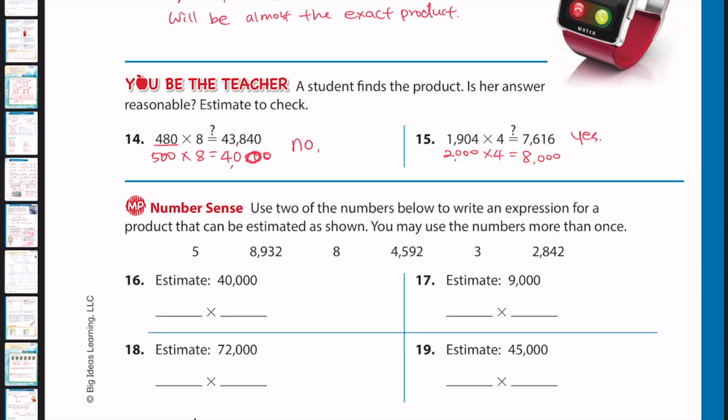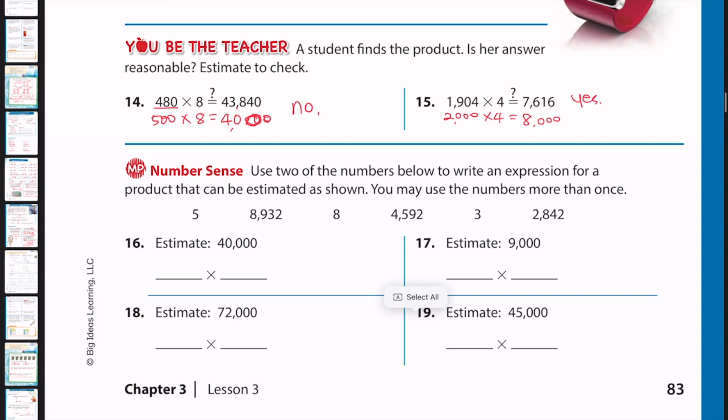Now let's move on to other questions. Use two of the numbers below to write an expression for a product that can be estimated as shown. You may use the numbers more than once. Oh, so there are numbers that we can work on and then find out if we can find the estimate of these numbers using those numbers up there, right?